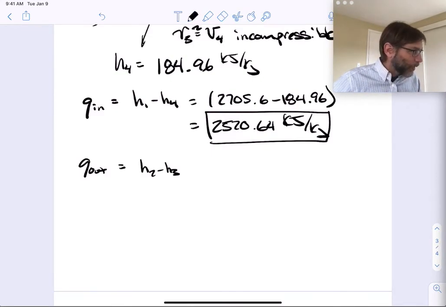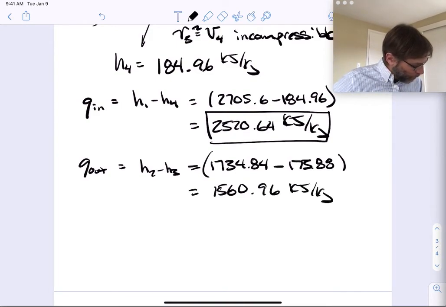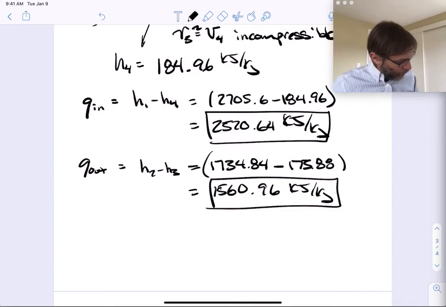I'm sorry about that, but H2 minus H3 is equal to 1734.84. So we already have these numbers that we solved when we fixed the states, minus 173.88. And this ends up being 1560.96 kilojoules per kilogram. And that's the answer for the second part.